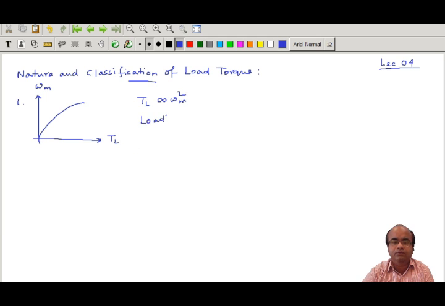This kind of load torque is found in the case of motions opposed by fluids or air. That is, motion opposed by fluid or air.